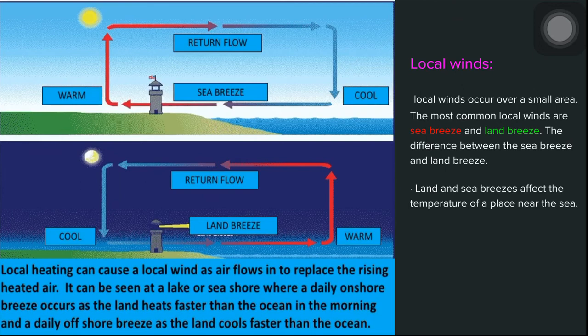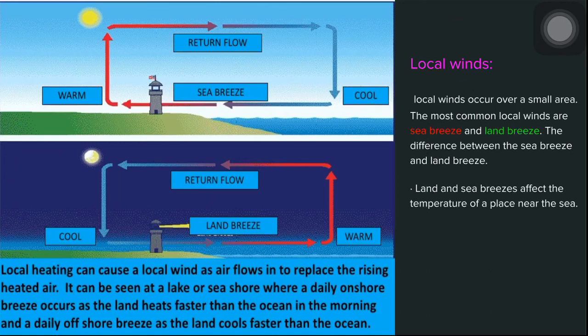Now come to the local wind. Local winds are the movement of the air that occurs over a small area, ranging from tens to a few hundreds of kilometers. Common examples of local winds are land and sea breezes.